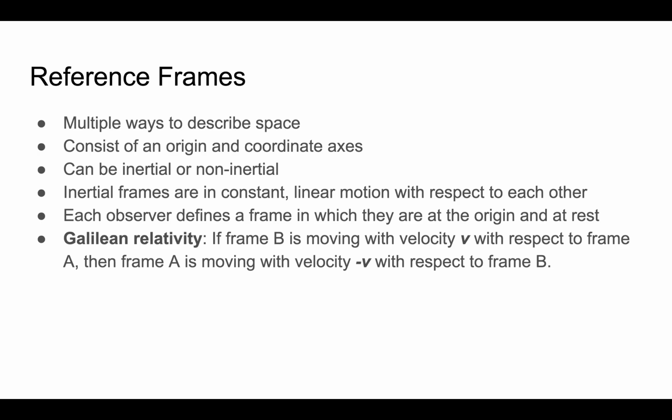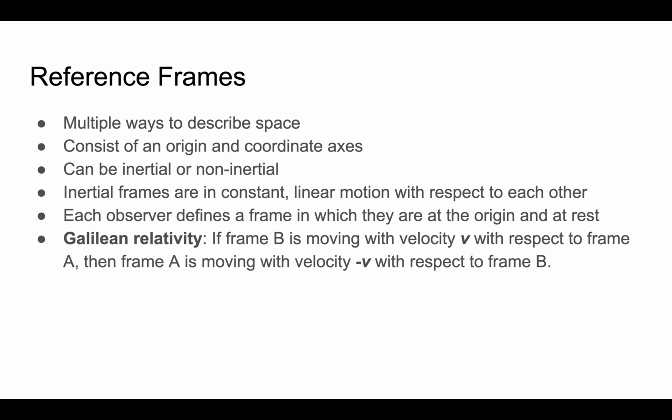The difference is that, let's say he's walking towards me. If I see him moving, he sees himself at rest. So that's the difference between our frames. And thinking about how frames move relative to each other, we can define an inertial frame and a non-inertial frame. Now, the definitions of these are somewhat convoluted, but let's just say that in an inertial frame, an object that has no forces acting on it is at rest, and we'll talk more about the concept of a force later.